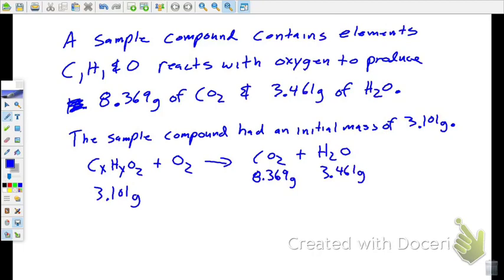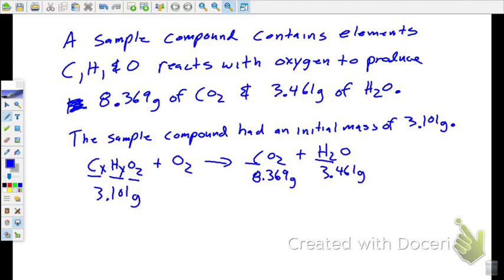The carbon here goes to the carbon over here, and the hydrogen here will go to the hydrogen here. But the oxygen here will go to one of those 2 spots, plus we add in oxygen. So as long as we can find carbon and hydrogen percentages, then we know oxygen's percent, because it's the missing percent to make up the 100% of your sample.